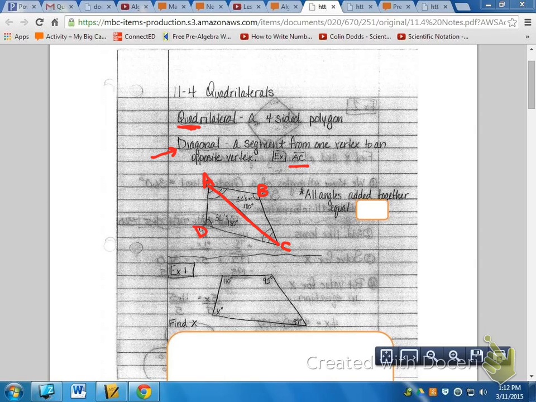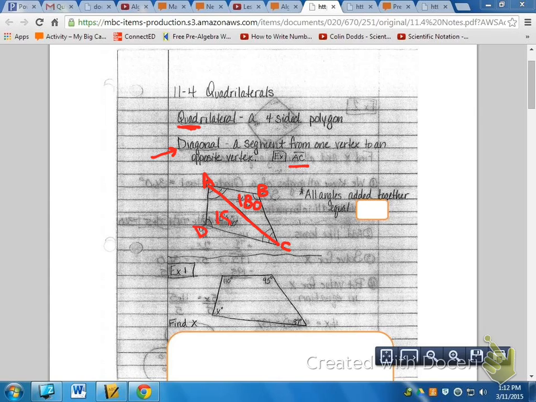So when I have a four-sided figure, a quadrilateral, and I put a diagonal in, what shapes do I see there? Two triangles. Yesterday we talked about the angles in one triangle, and they are 180 degrees.